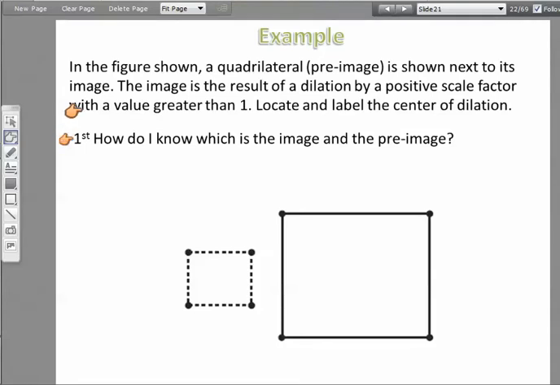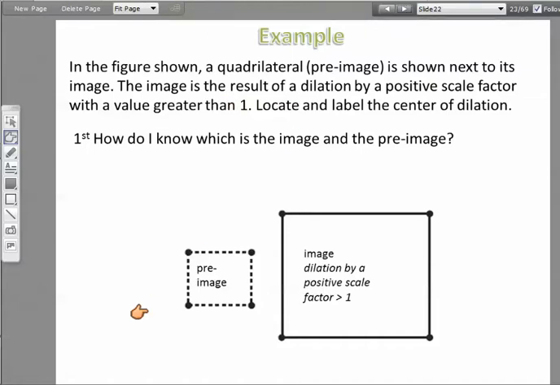Well, if you look up here, it says it has a positive scale factor greater than 1. Since it's positive, that tells us both figures are on the same side of the center of dilation. And since it's greater than 1, the image is getting bigger than the pre-image.